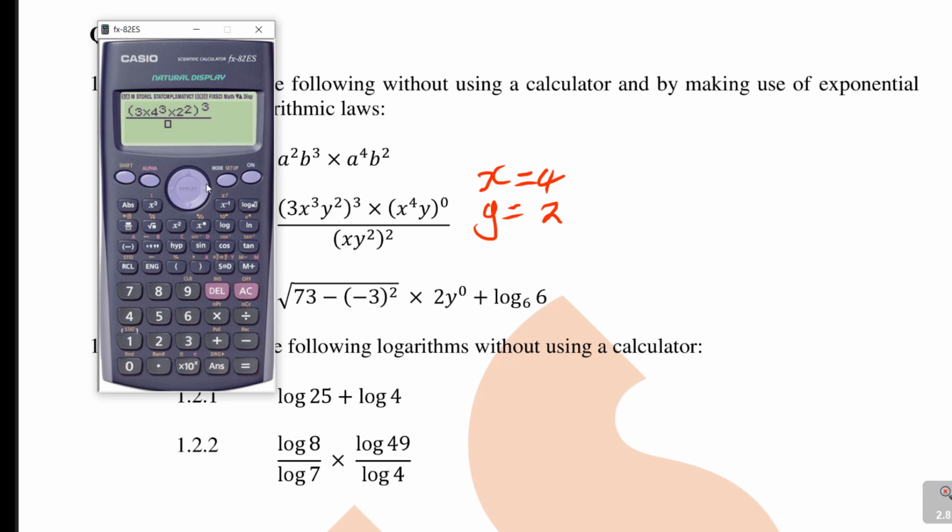And then times, open the bracket, x is 4 to the power of 4 times y, which is 2, and I close that to the power of 0. Then I go down, and I open a bracket, x is 4 times y is 2 squared, and then close the bracket to the power of 2.